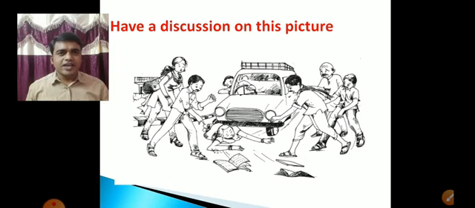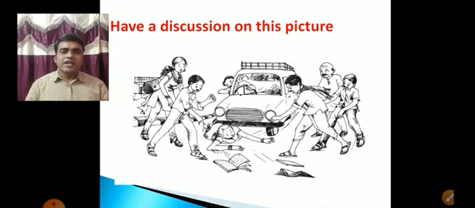Got it? And the taxi driver or the car driver, who is looking very tensed, was looking at the girl and observing what he has done. Got it? And all the people, look at the picture there. They are going to help that lady or the girl.